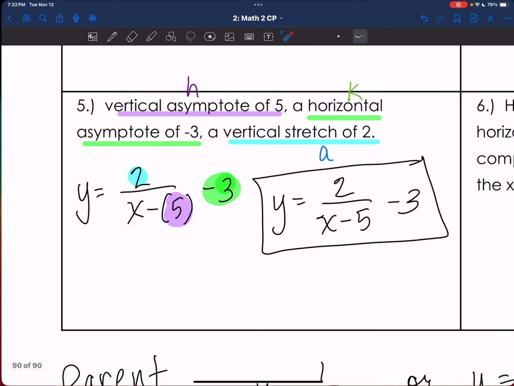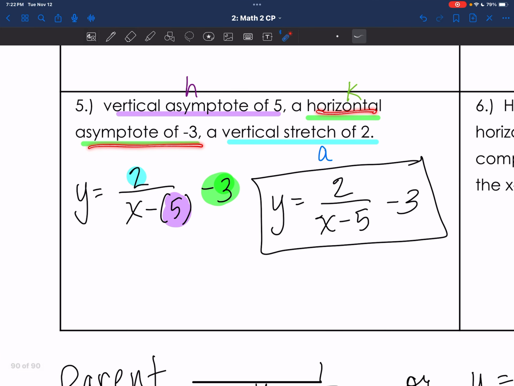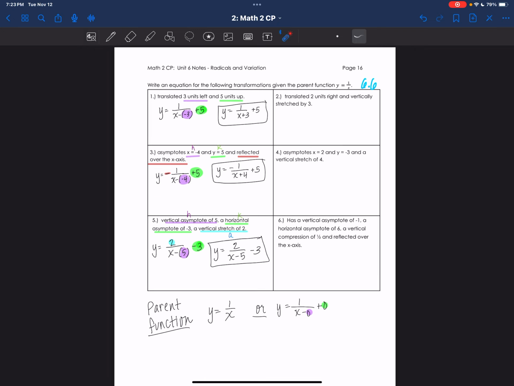And then a horizontal asymptote, so horizontal is your k value, of negative 3, and a vertical stretch of 2. That's your a value. And then now, just go ahead and rewrite it, put it all together. And then that is an equation with your transformations.